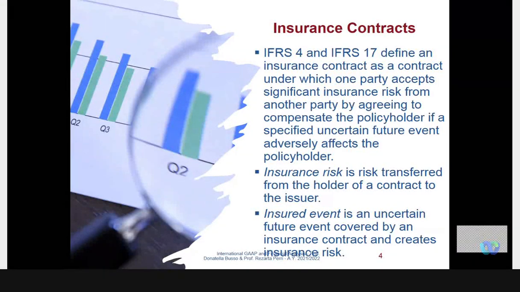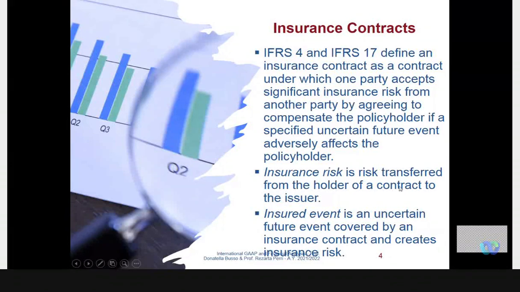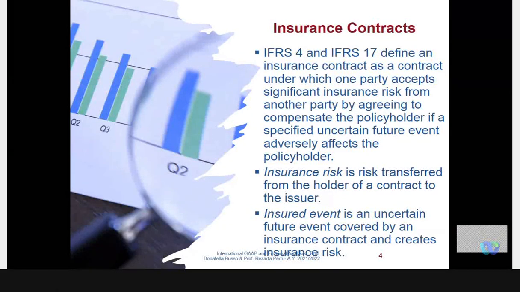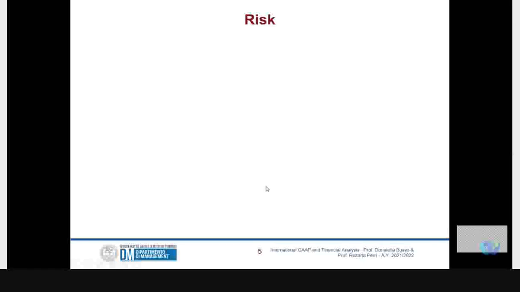So insured event is this uncertain event in the future that is covered by an insurance contract and creates insurance risk. So here we find the three concepts together: insurance contracts, insured event, and insurance risk. They are all the three there and explained and covered by both standards.